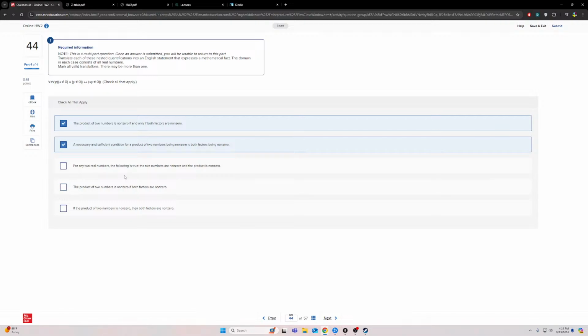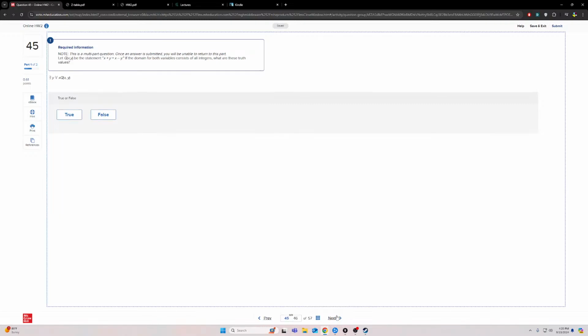Two numbers are non-zero, and the product has to be non-zero. The product of two numbers is non-zero if both factors are non-zero. I'm just going to leave it at that.